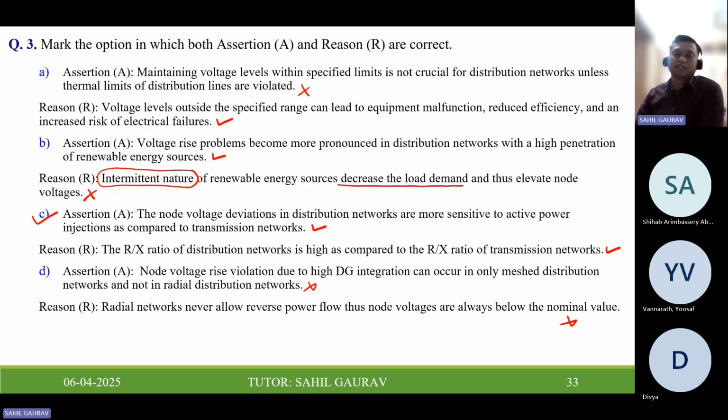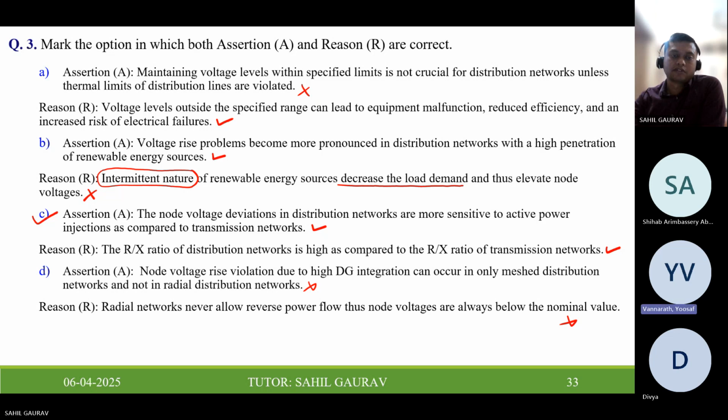But you are certainly right, like if the household power is getting supplied through their own PV, then they are not demanding the power from the grid. So we have to be very careful while answering this type of problem, because one more thing, we have something called active power injection.